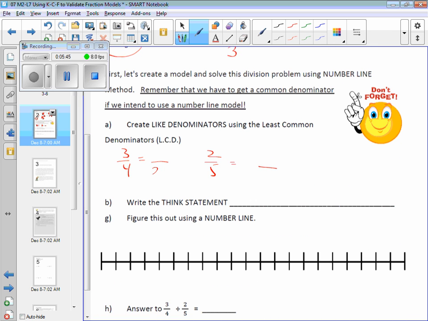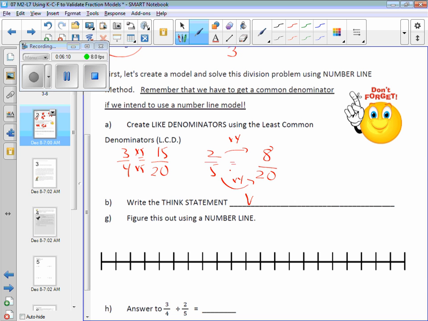Yeah, 20. All right, convert it. 3/4, Will. Okay, what do you get on top? Great. What about 2/5 times what? What do you get?